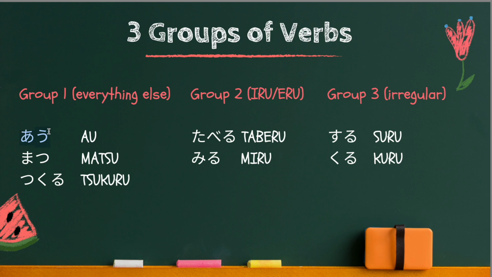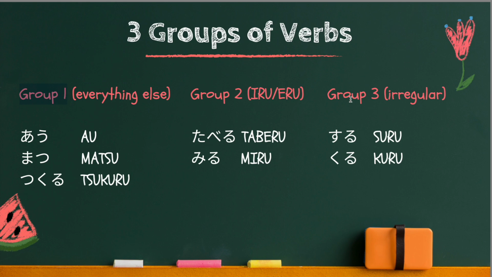This is the dictionary form, plain form, and casual form. Next example, matsu. This means to wait. In masu form, this is machimasu. Last one, tsukuru. This means to make. In masu form, tsukurimasu. It's ru ending, but it's uru ending, so it's not group 2. And it's not group 3, so it should be group 1.